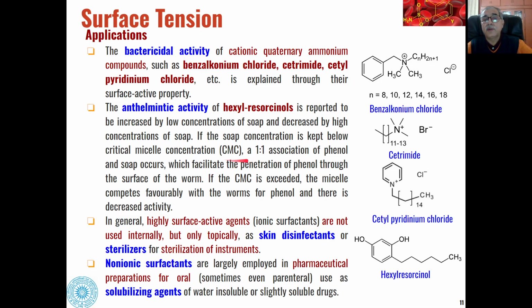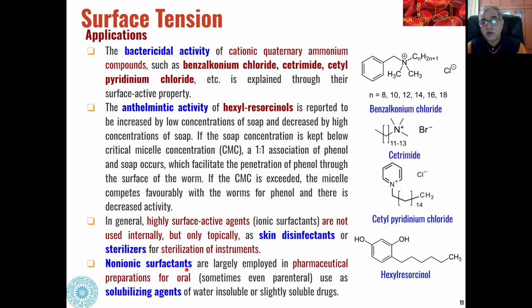Here the activity of these types of compounds increases at low concentration of the soap and decreases at high concentration of the soap. Then there are highly surface active agents like ionic surfactants. They are not used internally but only topically as skin disinfectants or for sterilization of instruments.